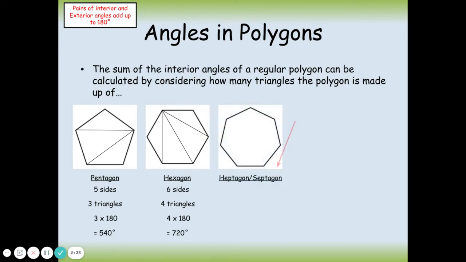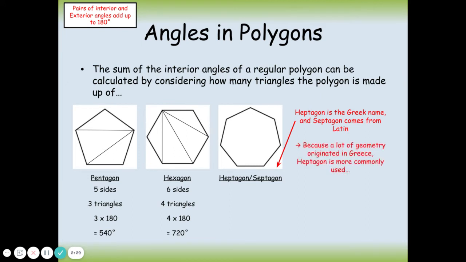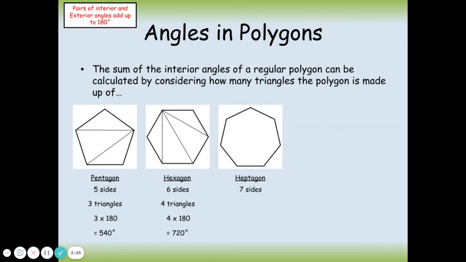A heptagon has 7 sides, and therefore you can make 5 triangles. Septagon comes from the Latin, but it's a lot more common in geometry to use the term heptagon. 5 times 180 equals 900 degrees for the interior angles.